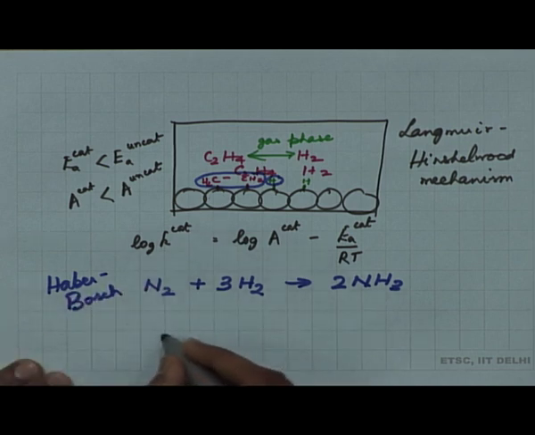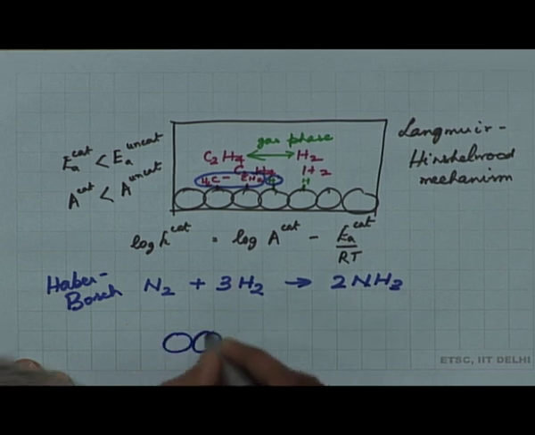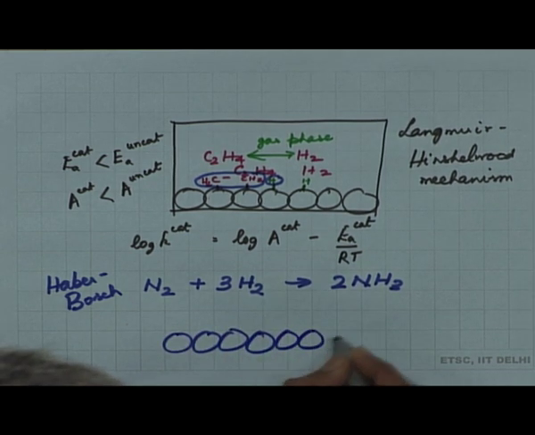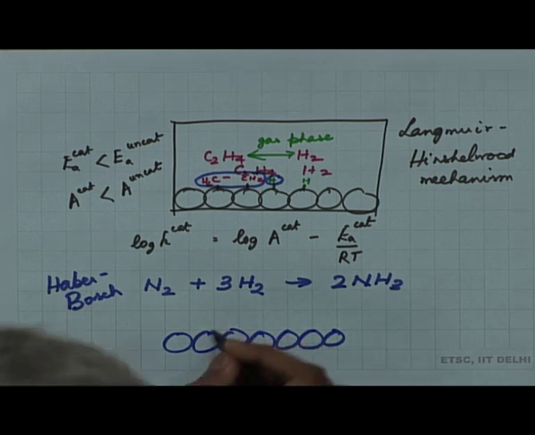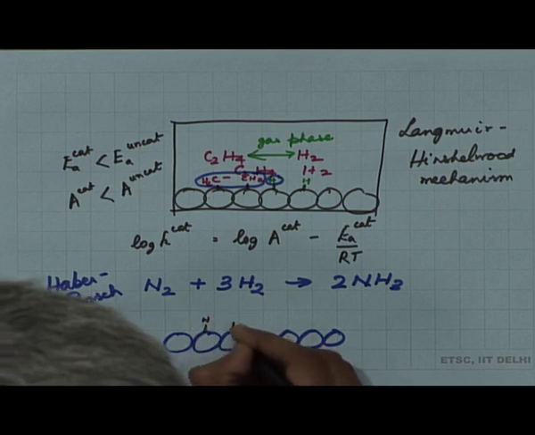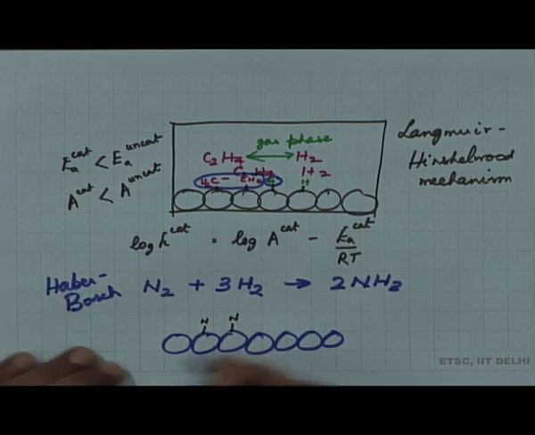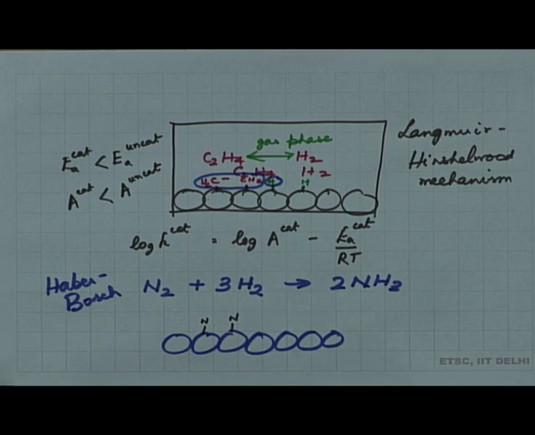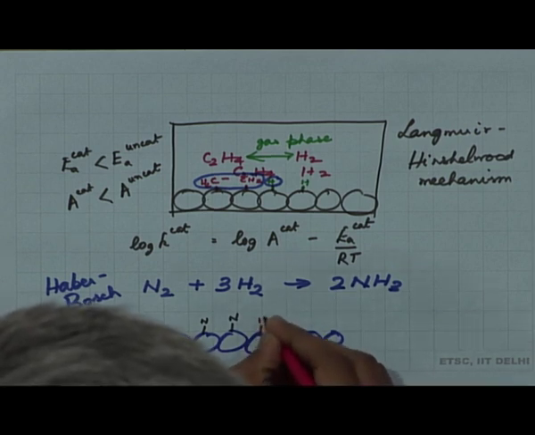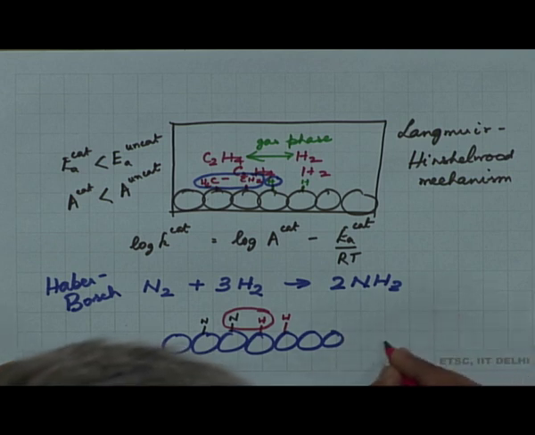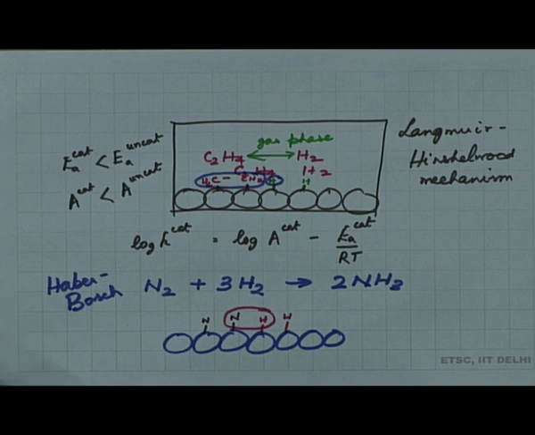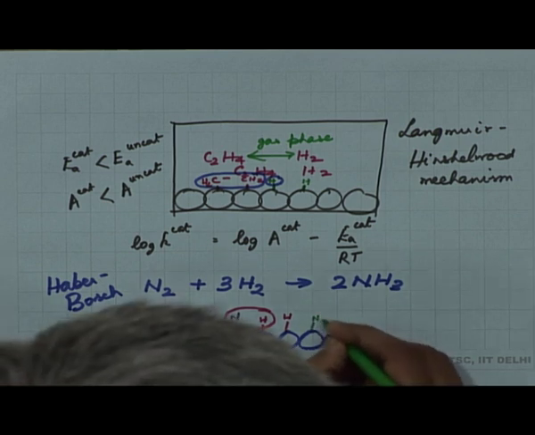So, if I have a surface like this, the iron surface, and on this iron surface nitrogen gets dissociatively adsorbed, the hydrogen also gets dissociatively adsorbed, and then there is a reaction between these to give you NH adsorbed. So, after a reaction happens, you have NH that is adsorbed.